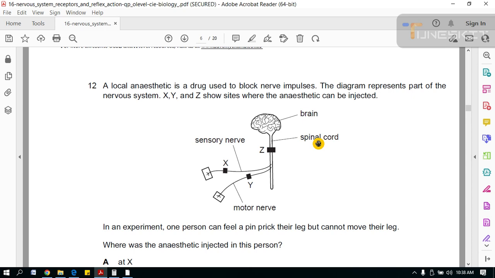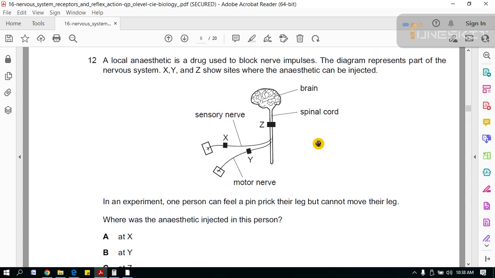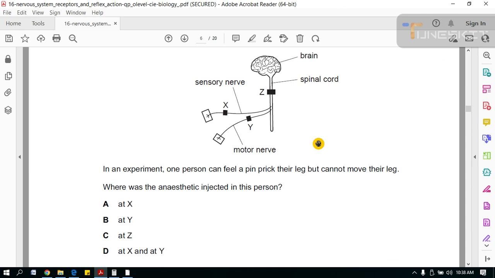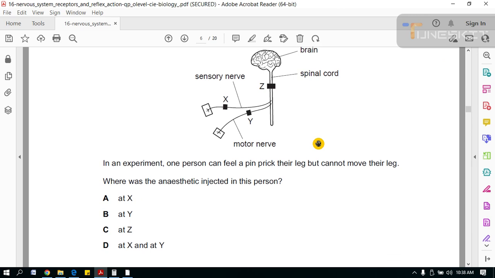In an experiment, one person can feel a pain prick in their leg but cannot move their leg. So where was the anesthetic injected in this person? At X, at Y, at Z, at X and at Y.